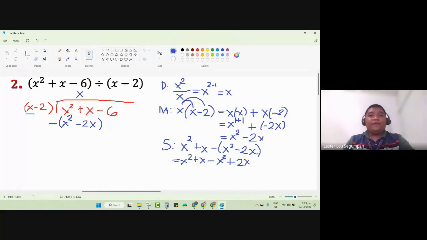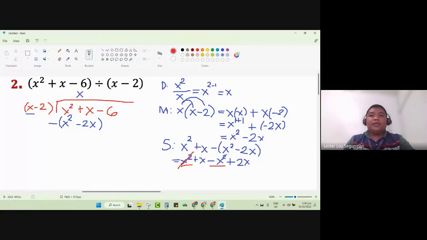A reminder for everyone: under subtraction or even addition, we don't manipulate exponents anymore. We just look into the likeness of terms and then we copy the literal part including its exponent, and we operate only the numerical coefficients. Talking about this, x squared, its partner is here. So you have 1 minus 1 is 0x squared.